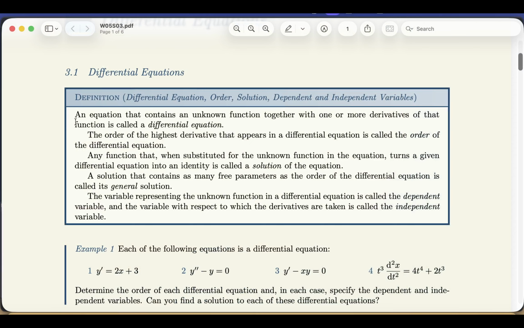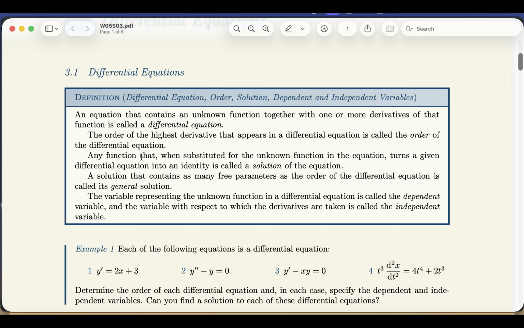Definition. An equation that contains an unknown function together with one or more derivatives of that function is called a differential equation. The order of the highest derivative that appears in a differential equation is called the order of the differential equation.